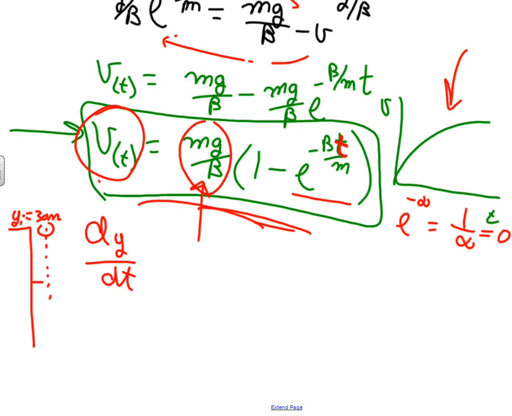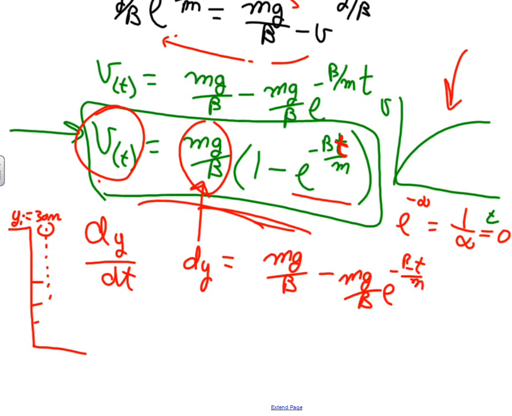If I want to know where it is at any given time, what do I have to do? I have to take that equation and integrate. So that means dy equals mg over beta minus mg over beta e to the minus beta t over m, dt.